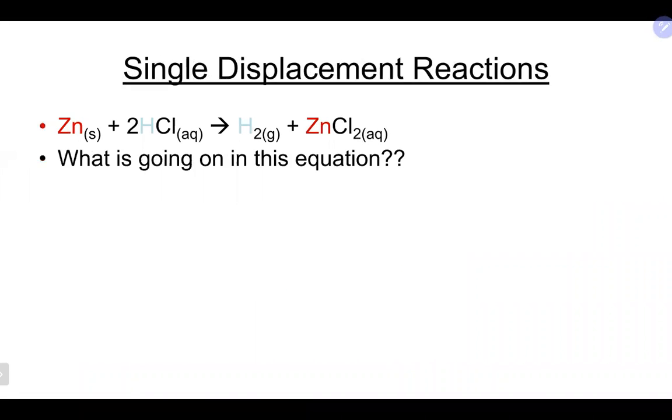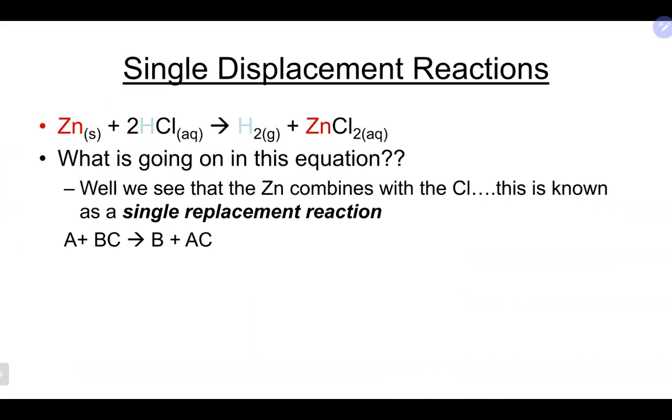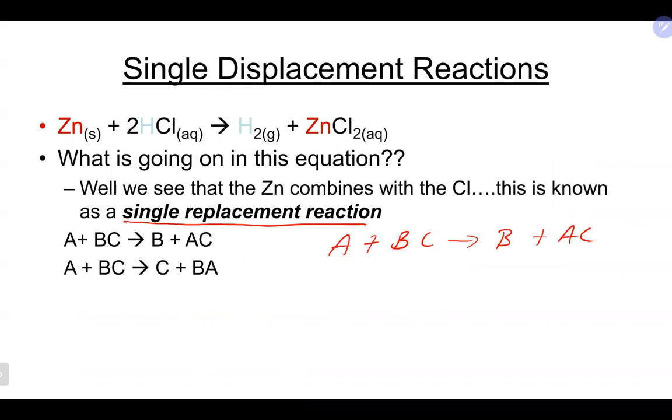The next type of reaction is a single replacement reaction or single displacement reaction. I think most people these days call it a single replacement reaction. So a single replacement reaction has this general formula: A plus BC goes to B plus AC.